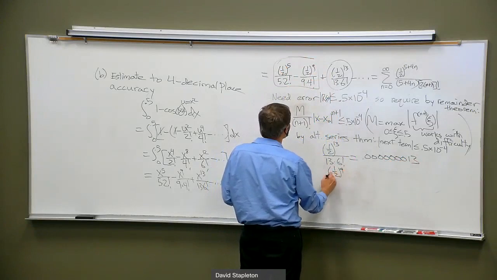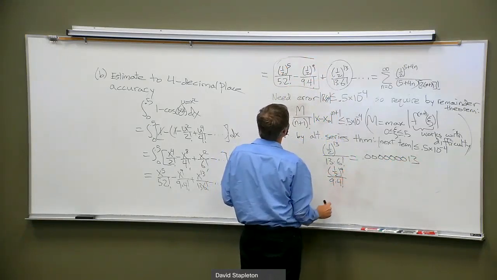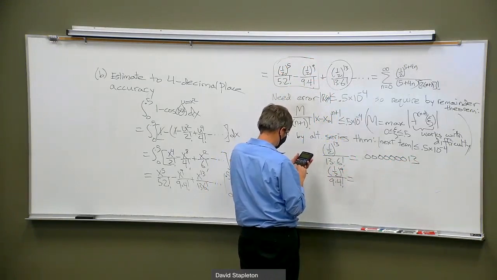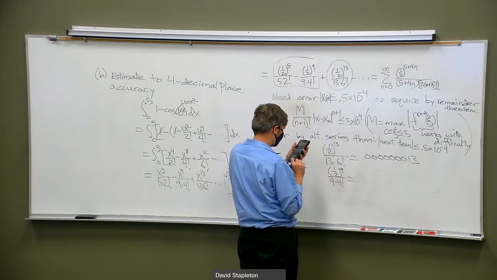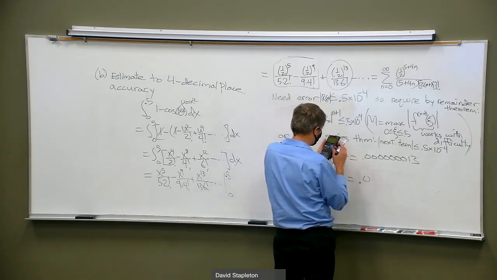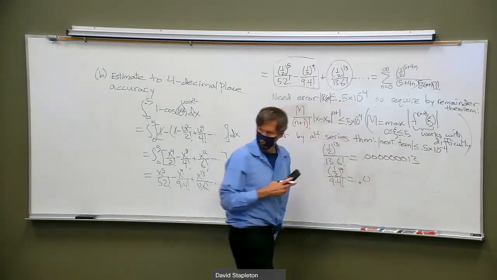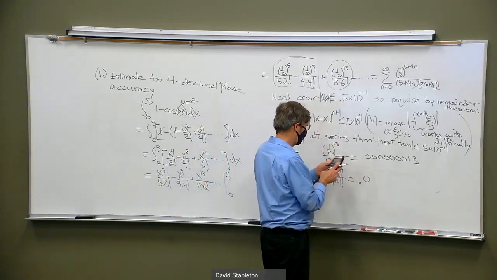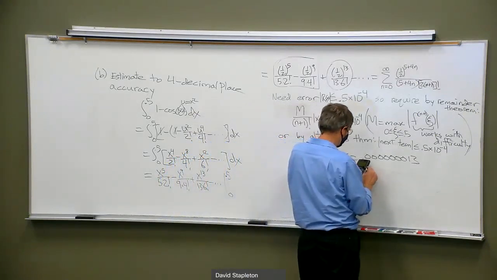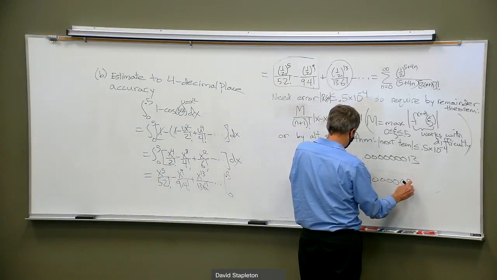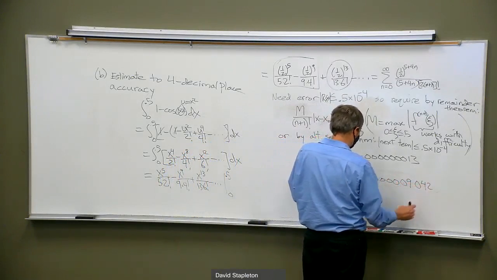(1/2)^9 over 9 times 4 factorial is 0.0... Yeah, this is plenty small. 2, 3, 4, 5, 6, 9, 0, 4, 2.